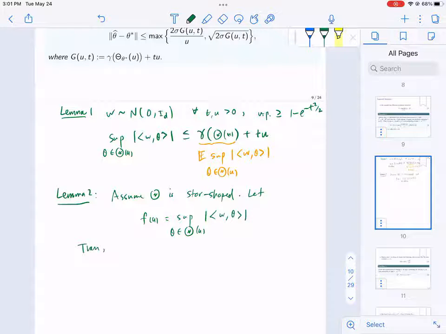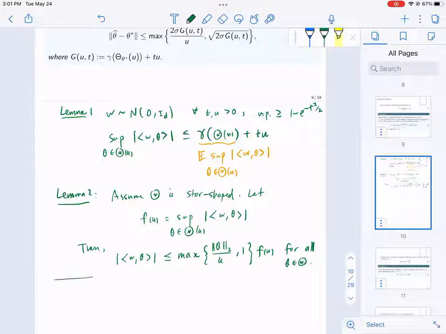Then W theta is less than or equal to max of theta 2 over u, for all theta in theta. Here theta u is just theta intersected with u times B2, the set of all thetas in theta such that norm theta 2 is less than u. It's a neighborhood of size u.